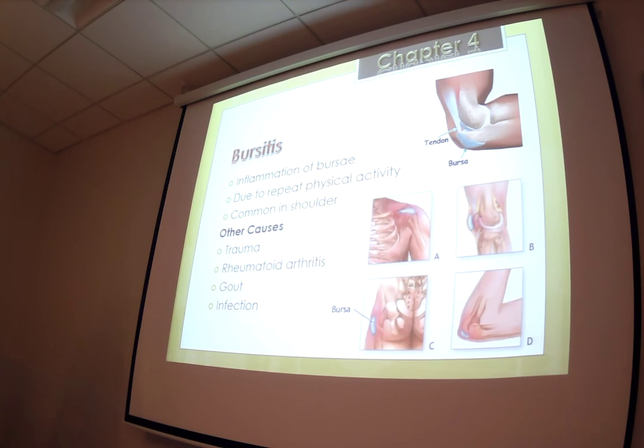It will lead to localized pain and swelling depending on where it's occurring. The shoulder, the hip, elbow, knee will be localized to wherever that bursa is being inflamed. Humans have approximately 160 bursa throughout the body.